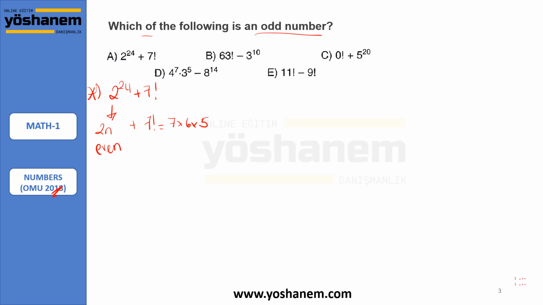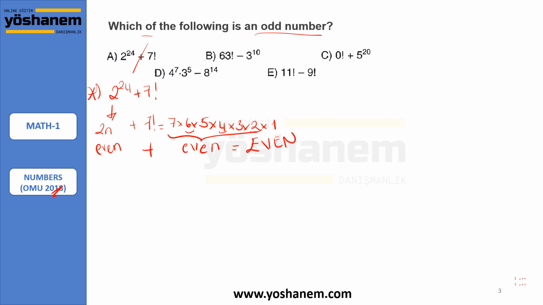It's 7 times 6 times 5 times 4 times 3 times 2 times 1. As you can see, there are even numbers in that multiplication, and if you multiply something with any even number, the result will be an even number. So it's even plus even. What was that? Even plus even is even. Then this is not my answer.